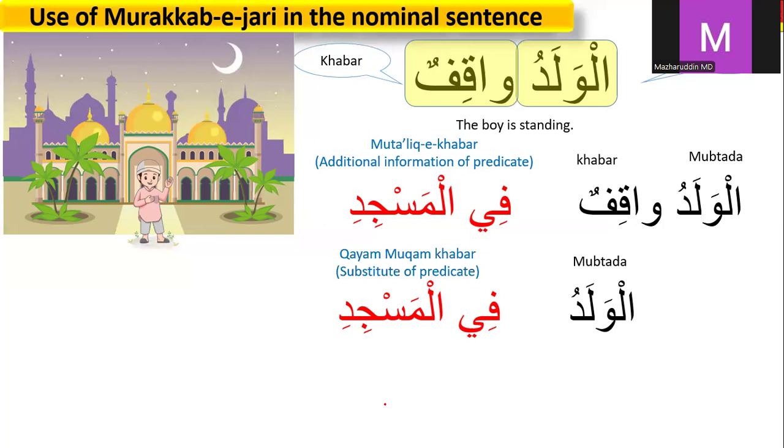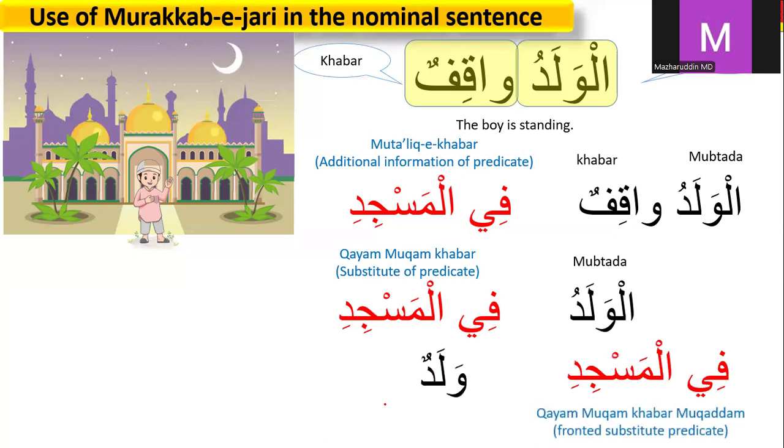So here fil masjid is qayam muqam khabar. Then fil masjidi waladun. Now fil masjidi is qayam muqam khabar muqaddam, fronted substitute predicate, and waladun is mubtada mafruq, that is delayed subject.